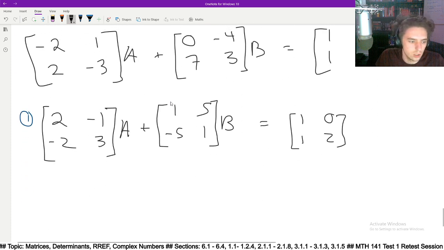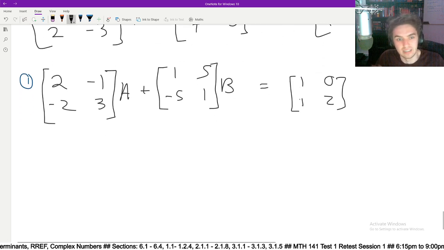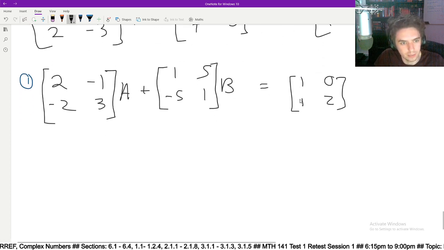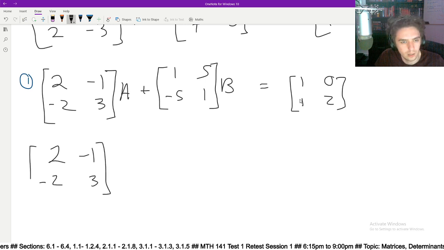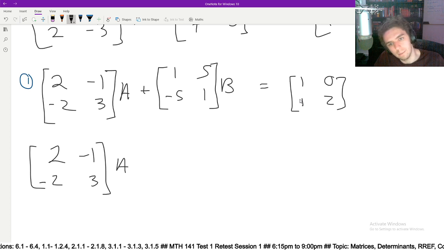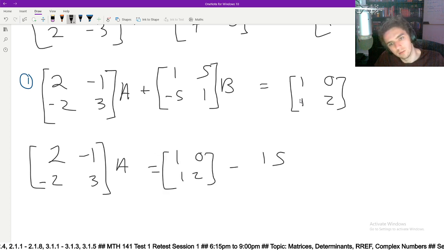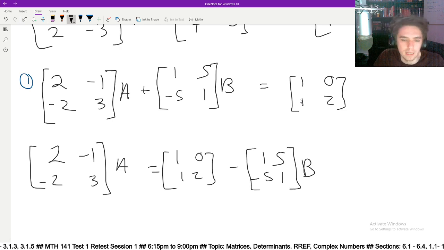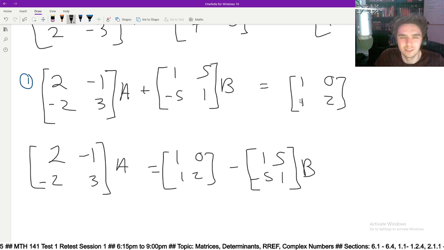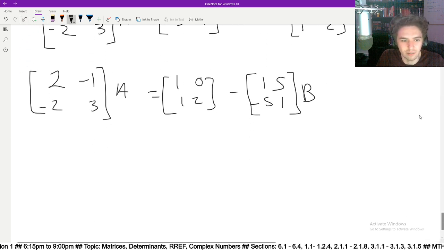Let me rearrange for A. So [2, -1; -2, 3] A equals [1, 0; 1, 2] minus [1, 5; -5, 1] B, and I have to multiply both sides by the inverse. So we need the inverse of this now.